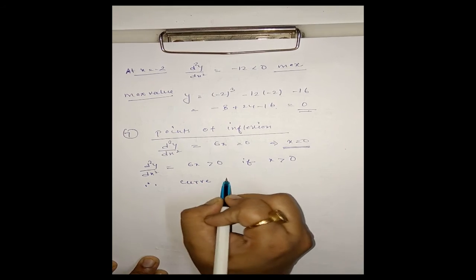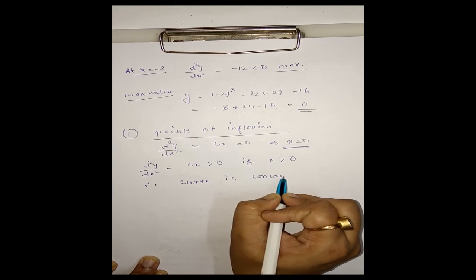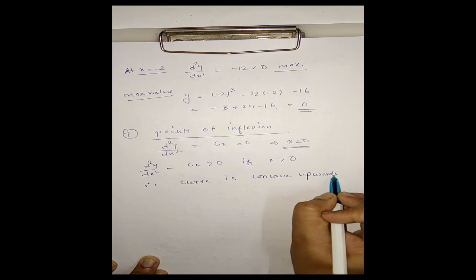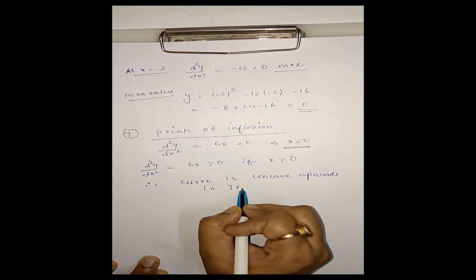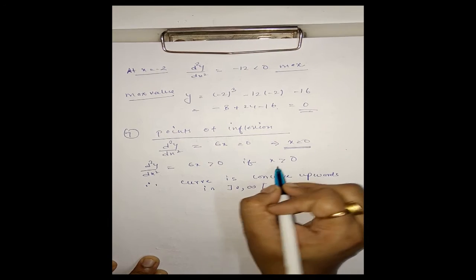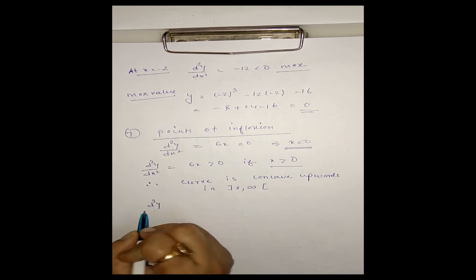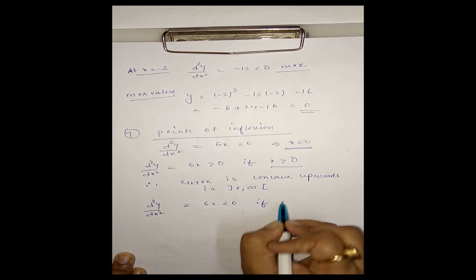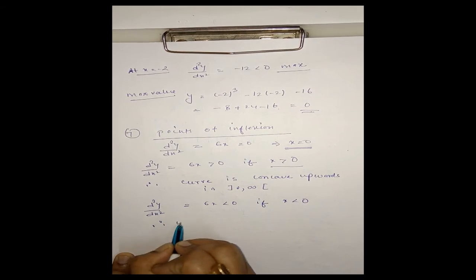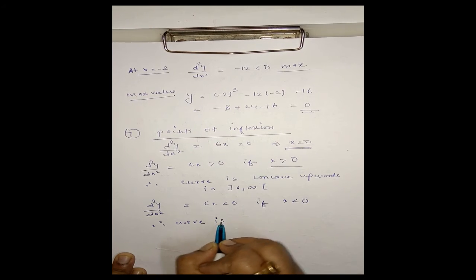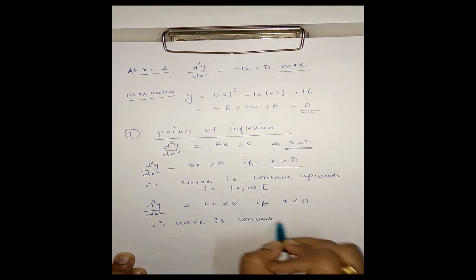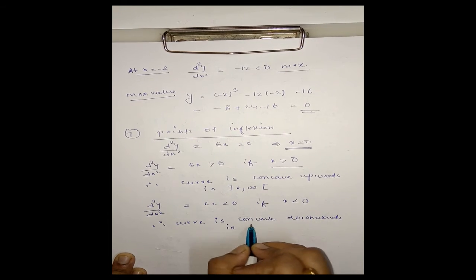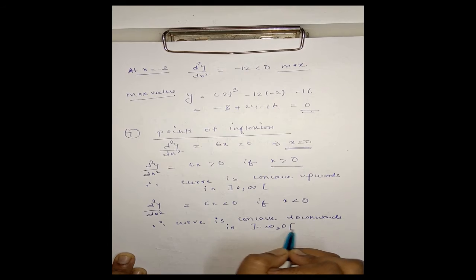curve is concave upwards in the interval 0 to infinity, x is greater than 0, and d2y by dx square is less than 0 if x is less than 0. Therefore, curve is concave downwards in the interval minus infinity to 0.